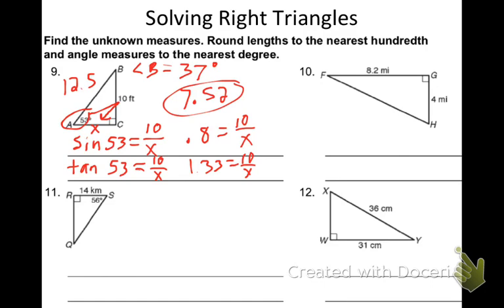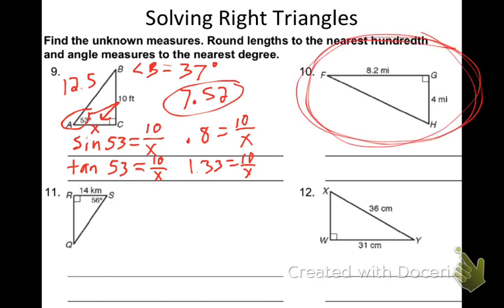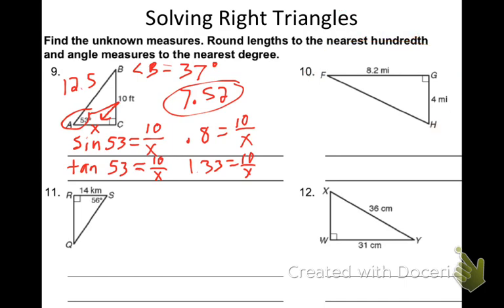Number 10. Now let's not forget here. What type of triangle do I have here? A right triangle. Anytime I have a right triangle, what can I use? Can I use Pythagorean theorem and solve for FH here? You bet. Use Pythagorean theorem and find FH.